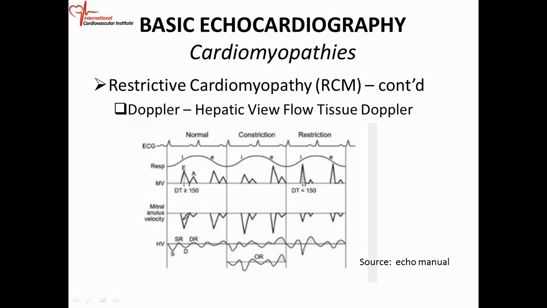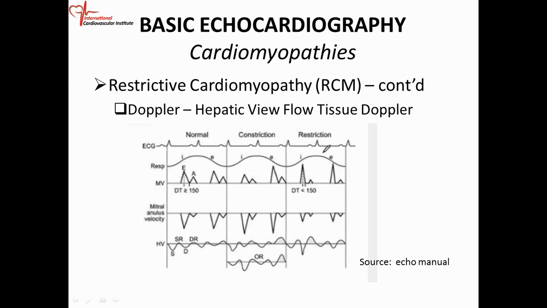So your E prime, which is the early diastolic velocity, is going to be large, much greater than 8 centimeters per second. Okay, your hepatic vein flow, you're going to have systolic dominance. So the systolic component is going to be greater than the diastolic, and then your atrial reversal. And if you were to do your pulmonary vein flow, then it's just a flip side of this. The pulmonary vein is going to be flipped up.